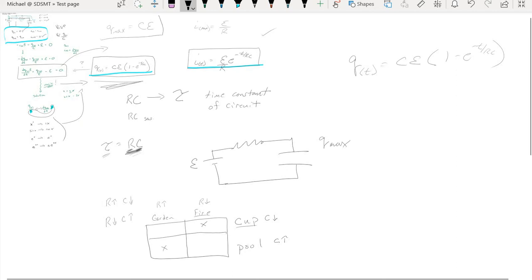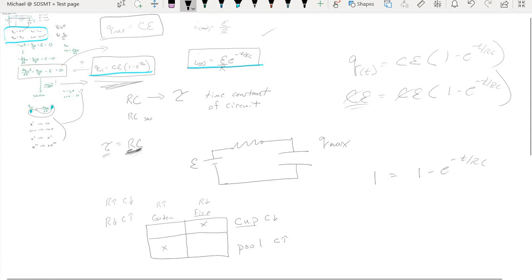And I already know what the maximum charge should be, so let's set this equal to CE. I want to achieve the maximum charge. So I've got the maximum charge, I've set that equal to the time-dependent function, and, well, CE cancels with CE. I'm left with 1 equals 1 minus e to the negative t over RC.